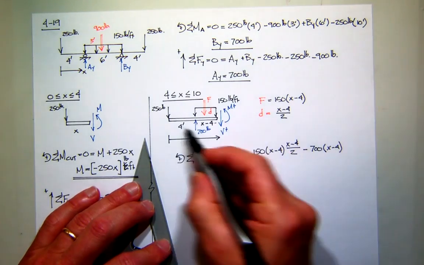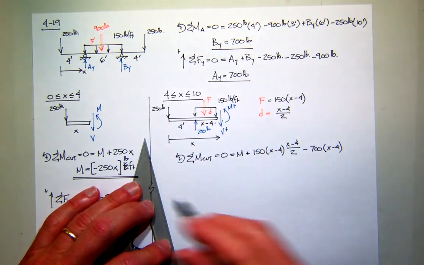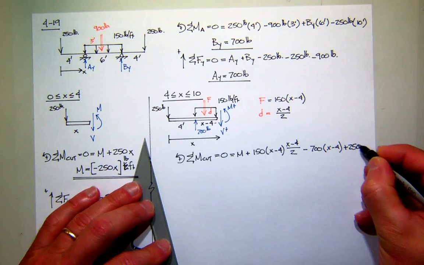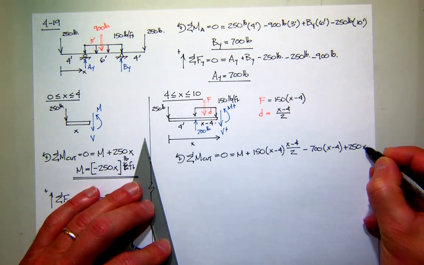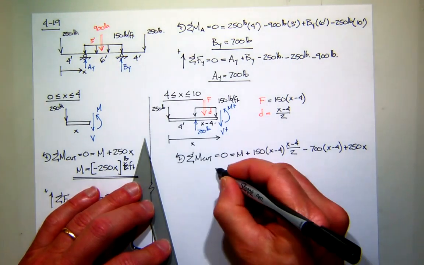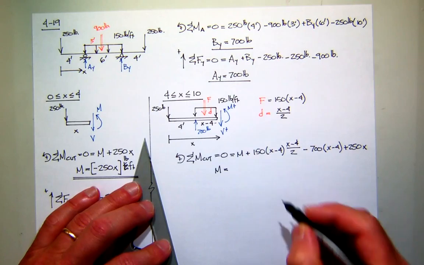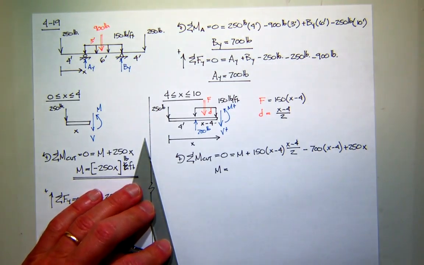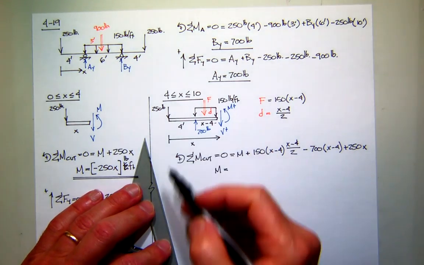And then I have the 250. Positive or negative moment? Positive. 250 and its moment arm? X. So a little bit of algebra has to be done here. So all this has to be sorted out. Let's see, what am I going to do? I'm just going to take all these terms and throw them to the other side of the equation.